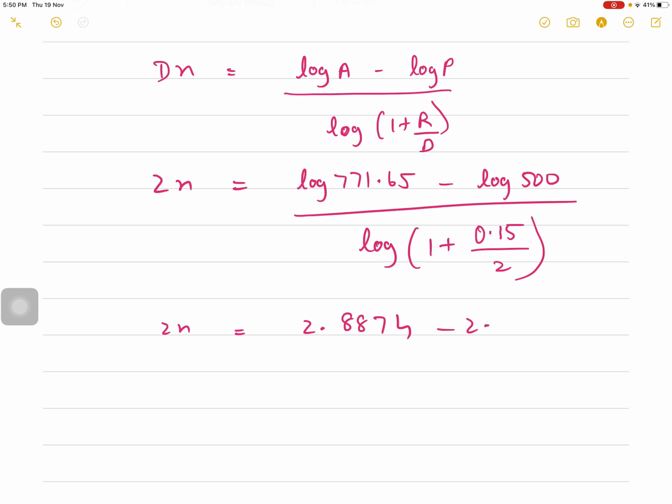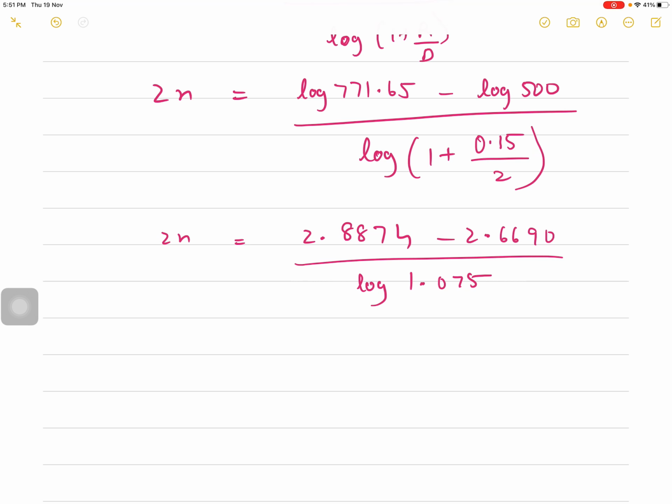Okay, so 2.6690 divide by log, when you calculate this, 1 plus 0.15 divided by 2, you will get log 1.075, and let's find log 1.075.